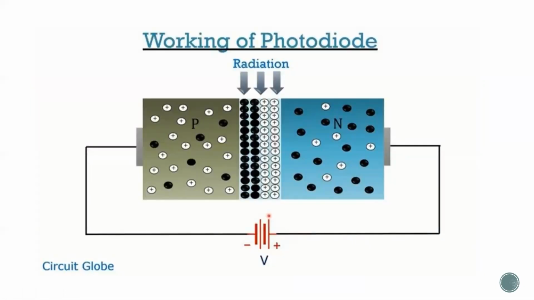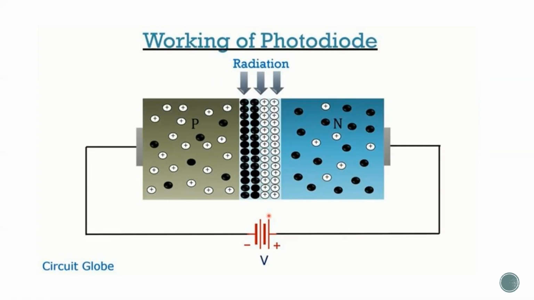For the working of the photodiode, let's understand the operation of the photodiode. As in my previous slide, when reverse bias potential is applied to a diode, only minority current will flow through the device, and this current is known as reverse current.